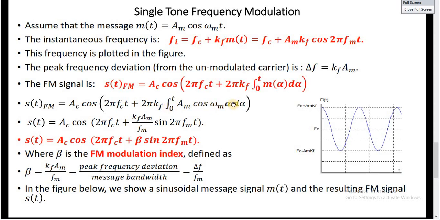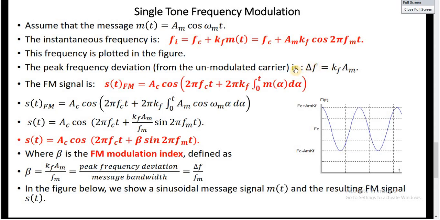Integration of cosine is sine, and then we divide by omega m, which is 2 pi fm. The 2 pi cancels out with this 2 pi, so we have k sub f Am divided by f sub m sine 2 pi fmt. K sub f Am is the peak frequency deviation.